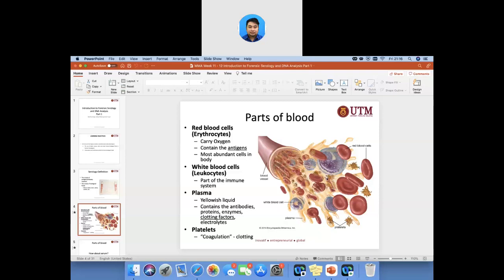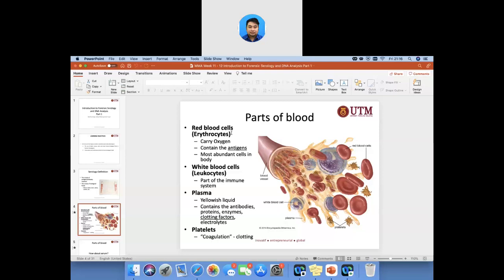Red blood cells, or erythrocytes, carry oxygen, contain an antigen, and are the most abundant cell in our body. This is important for you to be able to do blood typing afterwards.